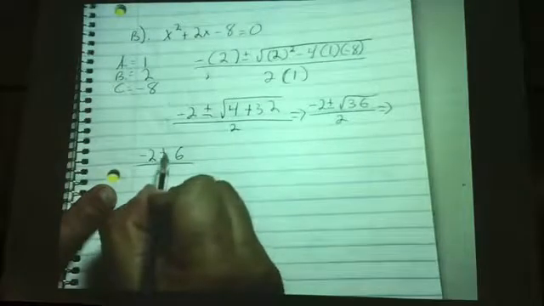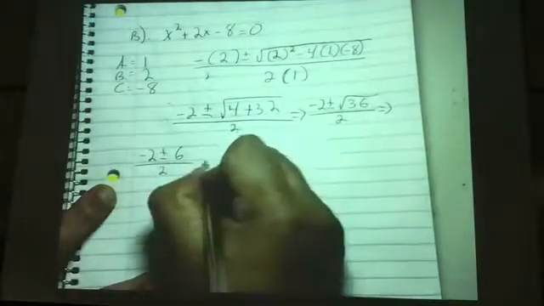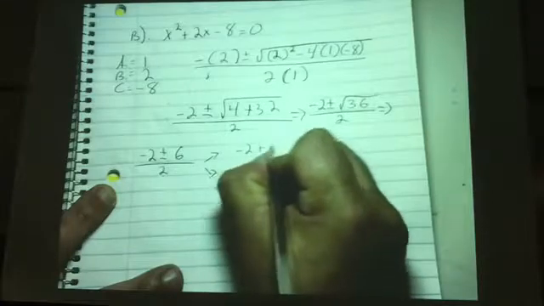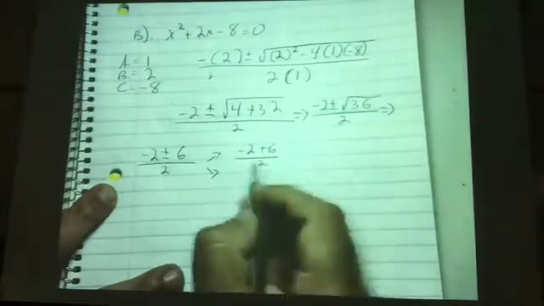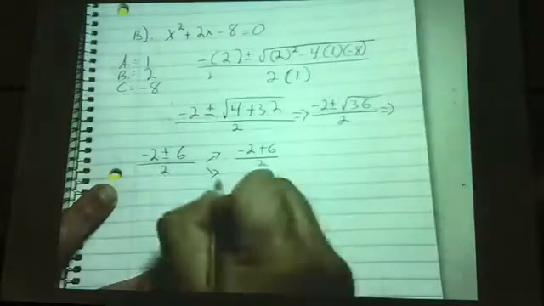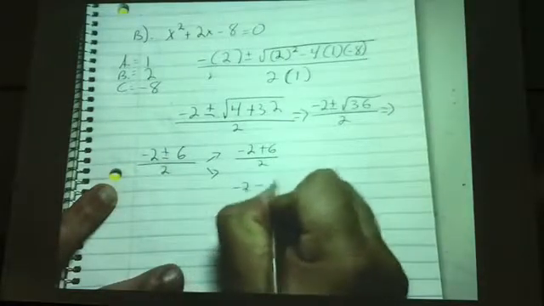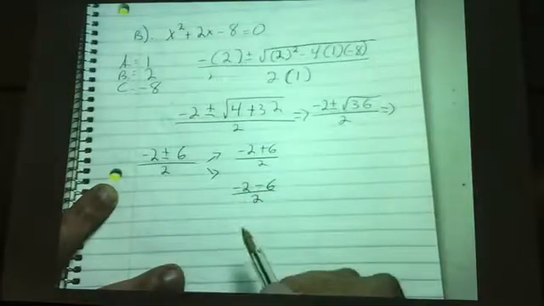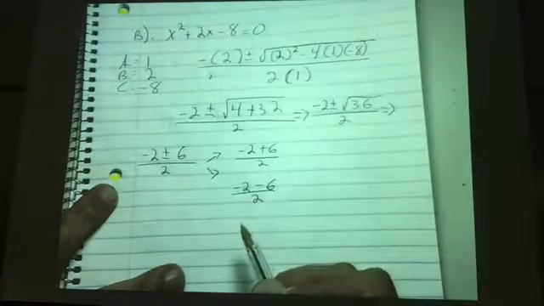Since we have a plus and we have a minus, we have to split to show negative 2 plus 6 over 2. There's the plus, there's the plus. And the other one's going to be negative 2 minus 6 over 2. There's the negative, there's the negative. We're all on the same page?